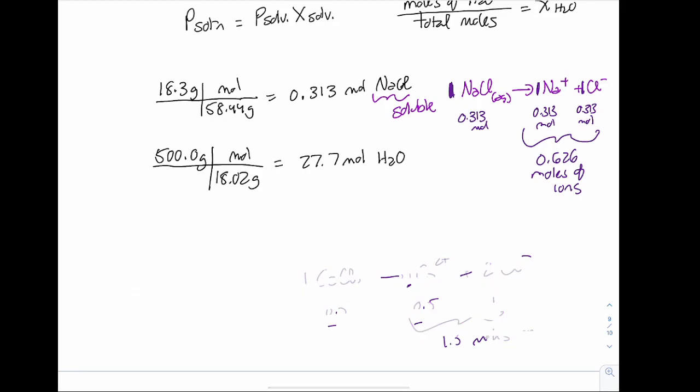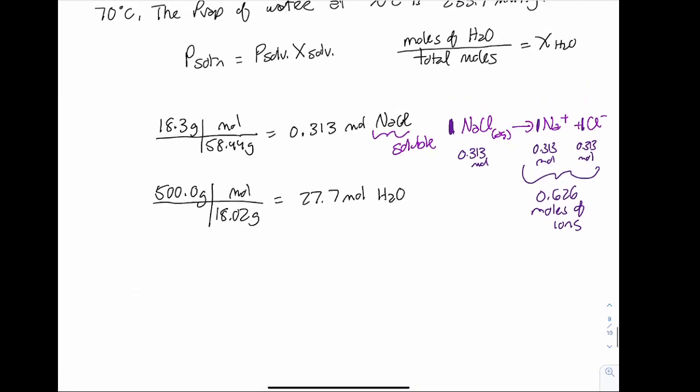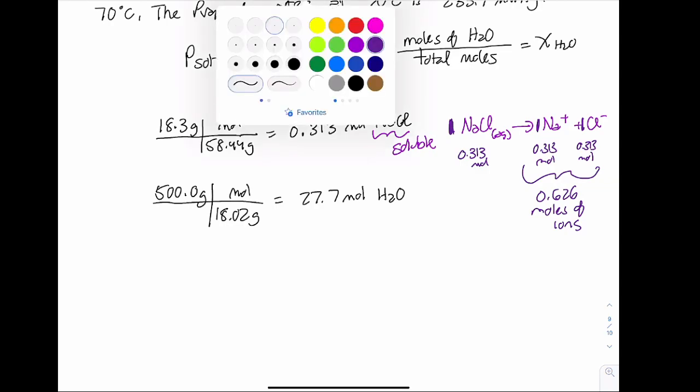So for ionic compounds, and I'll write this down, we need to take into account the number of moles of ions, not moles of compounds, unless it's insoluble. But if it's insoluble, I'm not going to have a homogeneous mixture, so it's not going to be a solution anyway. So for solutions, let's put this in a bright color.